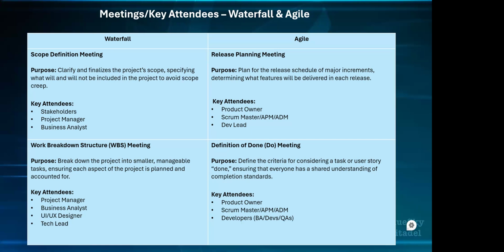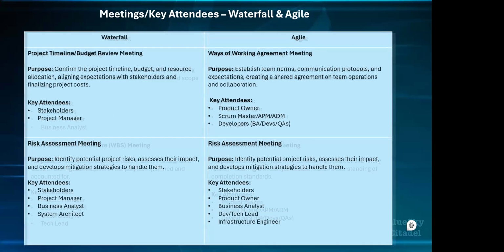The required people, like I said, are the project manager, the business analyst, the UI/UX designer and the tech lead. The stakeholders are not required to be at that particular meeting, because this is the work breakdown structure of what needs to be done.